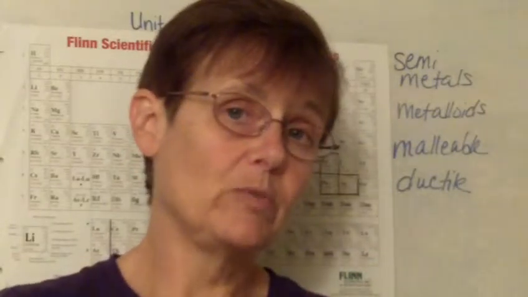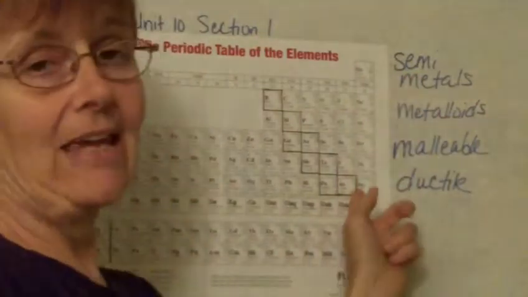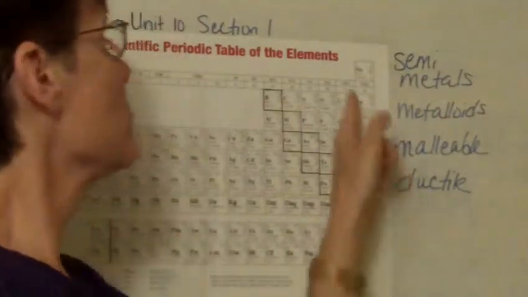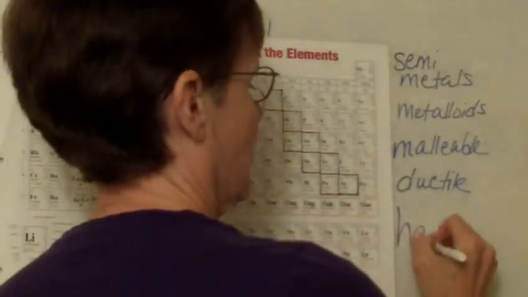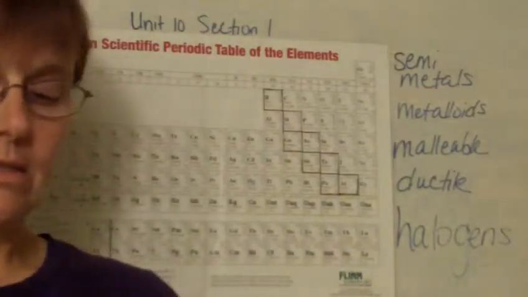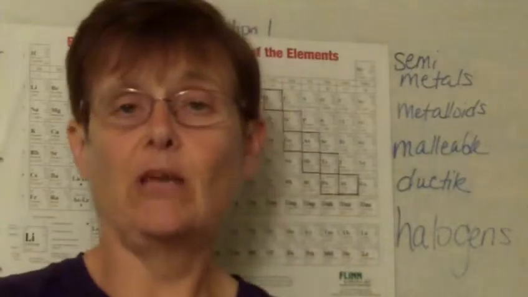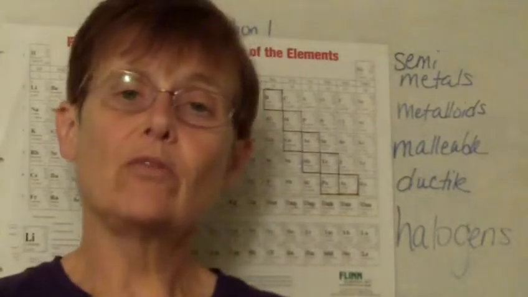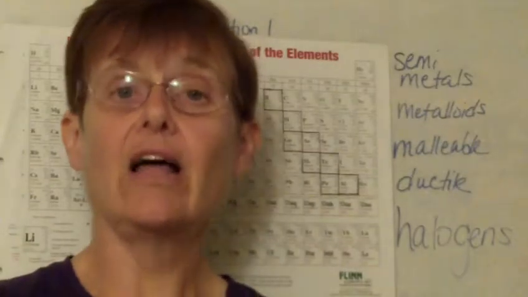You are familiar with those because we've talked about those before this year. So group 8A are noble gases. Group 7A are halogens. I don't think I've used that word much this year at all, but that's just the family name given to that group. Back over on the other side of the table, group 1A are called alkali metals.